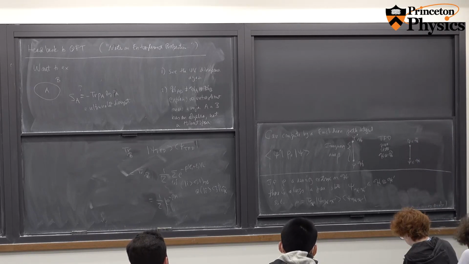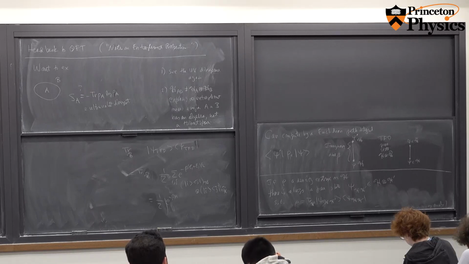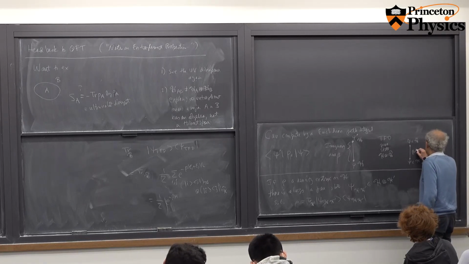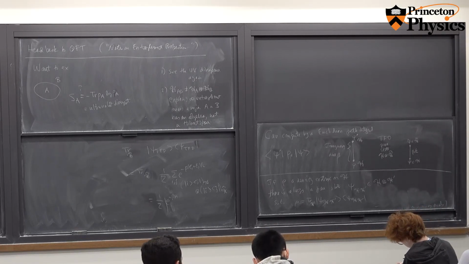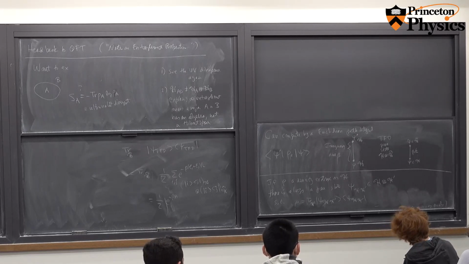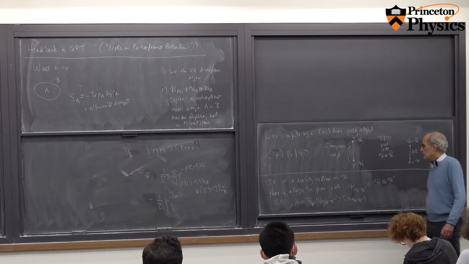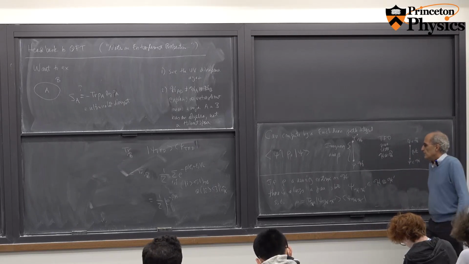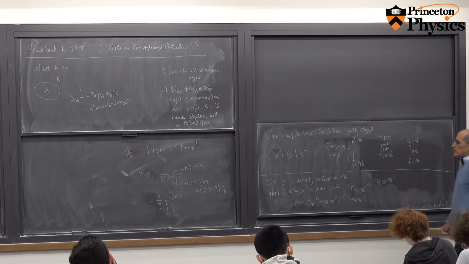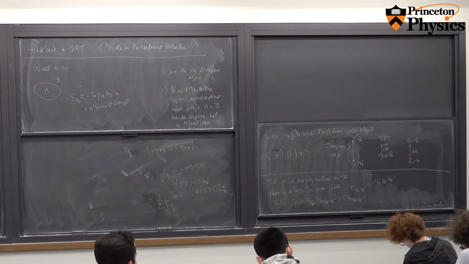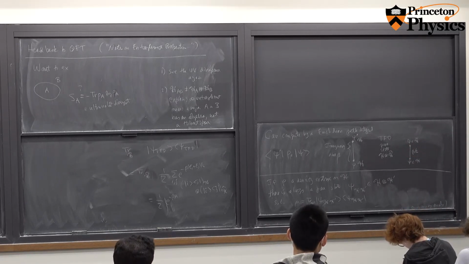The thermofield double state we can represent by a path integral. But now we think of the Hilbert spaces of the two ends as being different: the system and its second copy in the thermofield double. And we take the imaginary time to be beta over 2. Now we can describe in a picture this computation we did in formulas to show that the thermofield double state was a purification of the thermal density matrix.